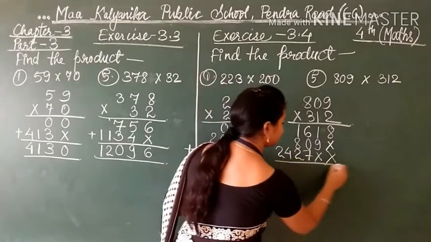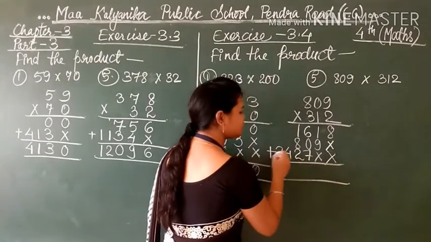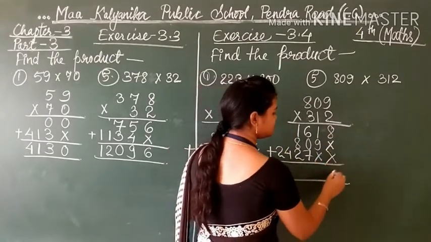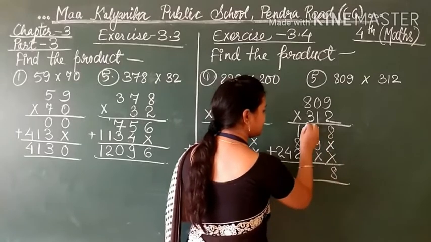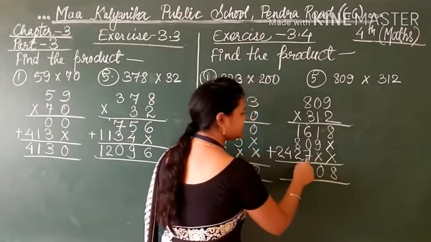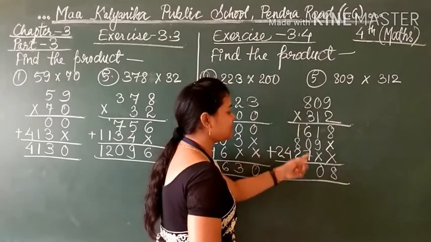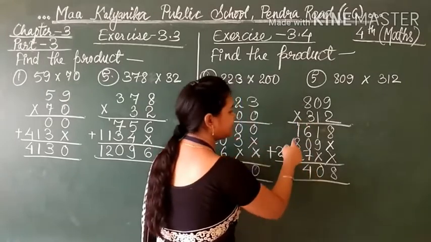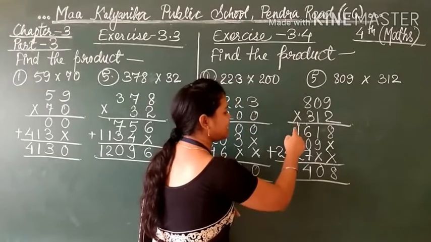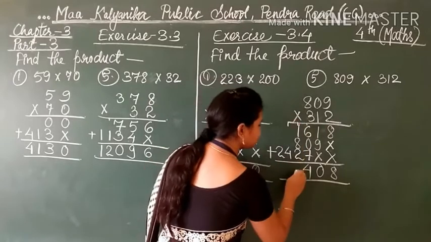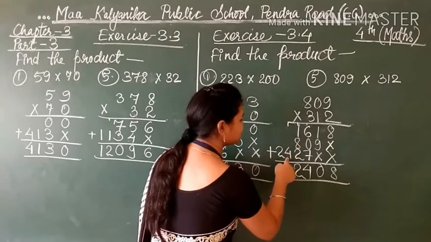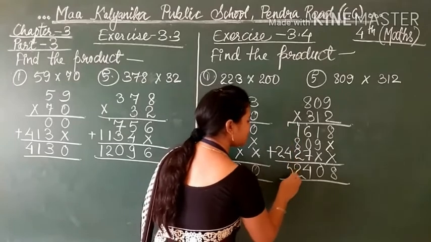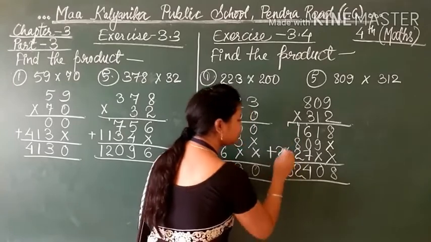After writing this, we will add these 3 numbers. So 8, 0, 0, 8. 9 plus 1, 10, 1 carry, 0 here. 6 plus 1, 7, 7 and 7, 14, 4. 8 plus 1, 9 plus 1, 10, 10 plus 2, 12, 2. This carry is of this number, 4 plus 1, 5, and this is simply 2.